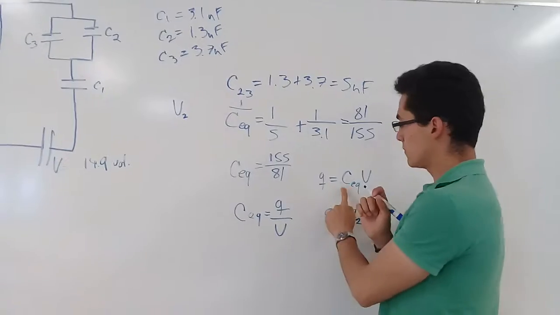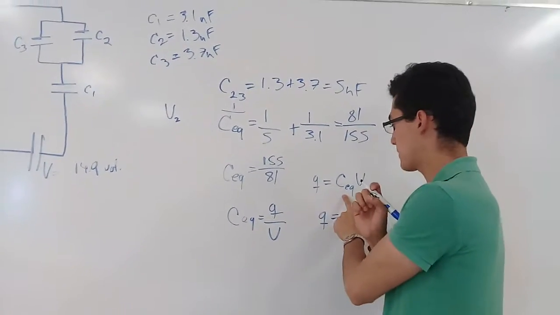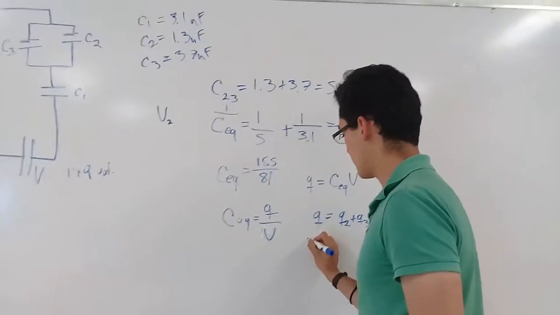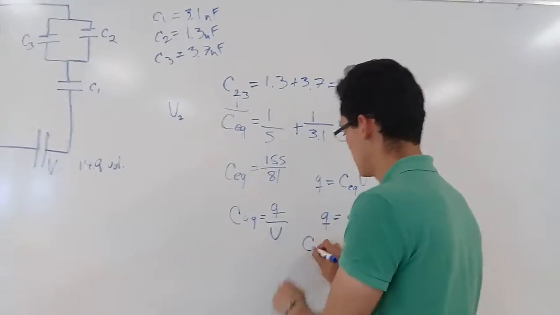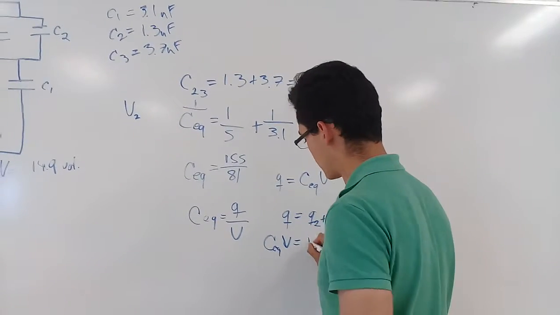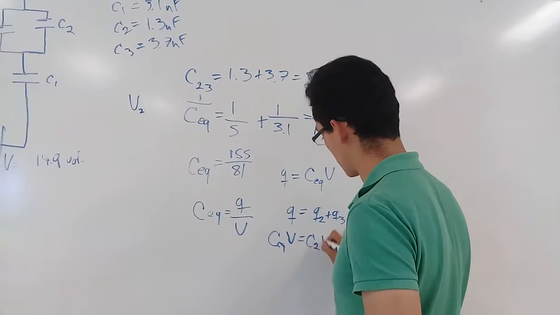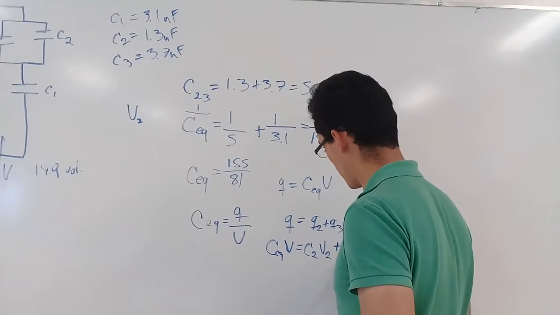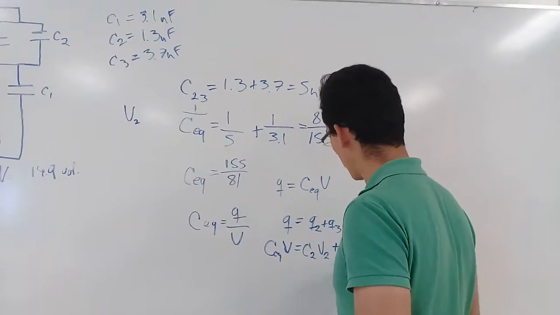And as we know, the charge is equal to the capacitor times the voltage. So the capacitor in equilibrium times the voltage will be the capacitor of 2 times the voltage in 2 plus the capacitor 3 times the voltage in 3.